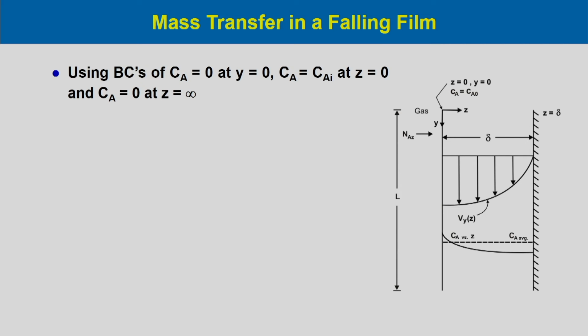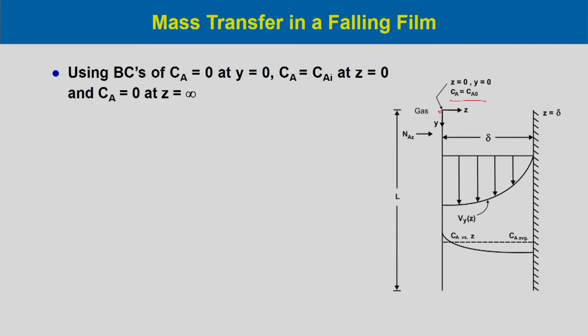Now, we use the boundary conditions, that is C A would be 0 at y is equal to 0, C A would be C A i at z is equal to 0 at the surface, and C A would be 0 at z is equal to infinity.